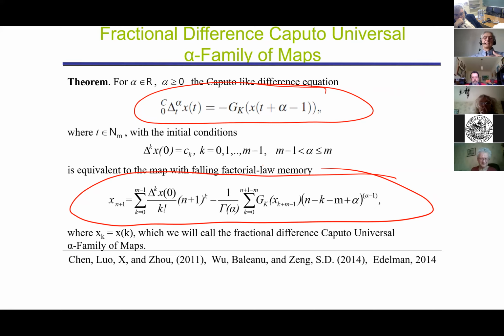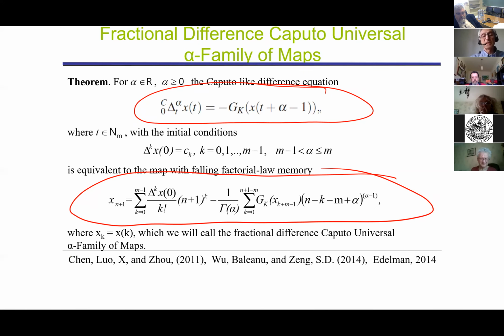So we have universal fractional maps, a solution of a system with periodic kicks, and now we have also a fractional difference map as a solution of a fractional difference equation.